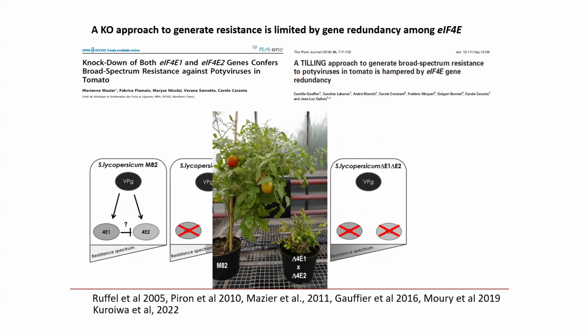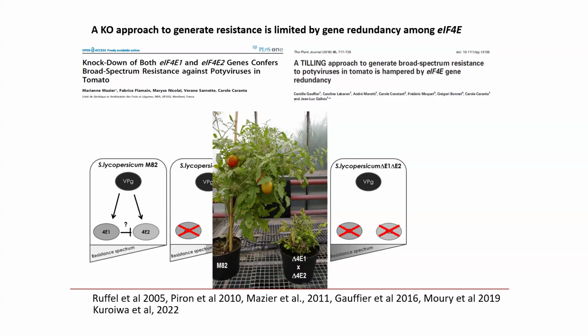It's a double knockout, and you can see that the plant is not doing very well, and it's not going to be very good for plant breeding. The reason for that is that besides the role for the virus, the translation initiation factor initiates protein synthesis, which you will understand is very important for the plant. So that will be a limit.